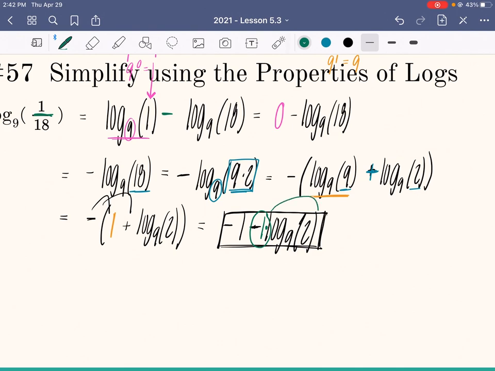And if I took that minus 1 and wrote that as the power, I would have negative 1, and then this would become a plus log base 9 of 2 to the power of negative 1. This is not something you have to do, but I'm just showing you how this could be simplified even further. And then 2 to the power of negative 1, I could rewrite as log base 9 of 1 over 2 to the power of positive 1.